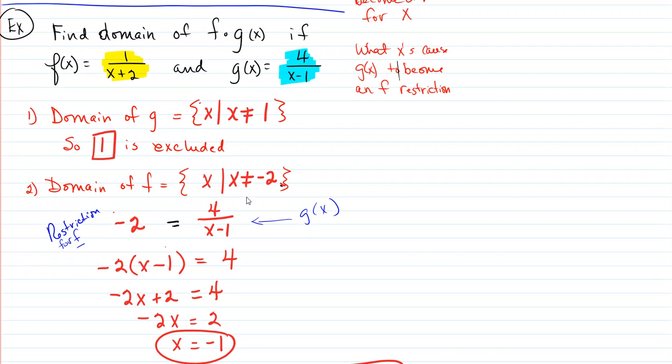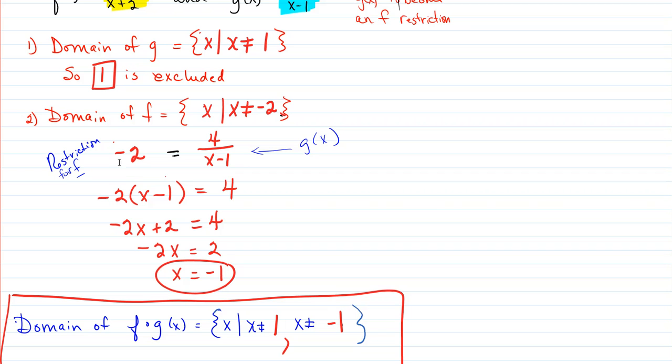Now the domain of f, x can't be -2. So I take the restriction for f and I set it equal to g of x and I solve. I'm going to multiply by x minus 1 over here, distribute, then subtract 2, and I end up down here with x equals -1.